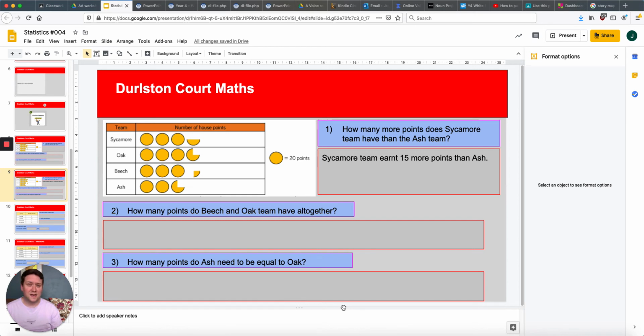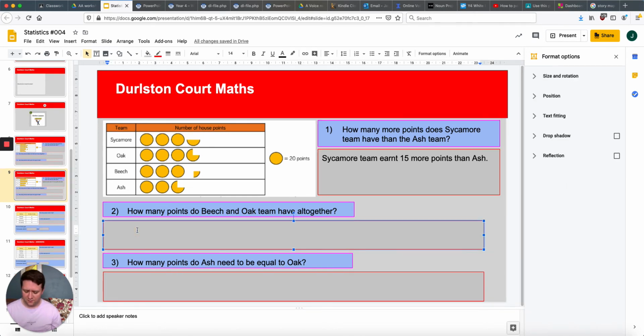So now we need to add those together. So 75 plus 65. So the first thing I'm going to do is add the 5s together to make them into a 10. So then I've got 70 plus 60 plus 10. Is there any simple way of doing this? Yes, there is actually.